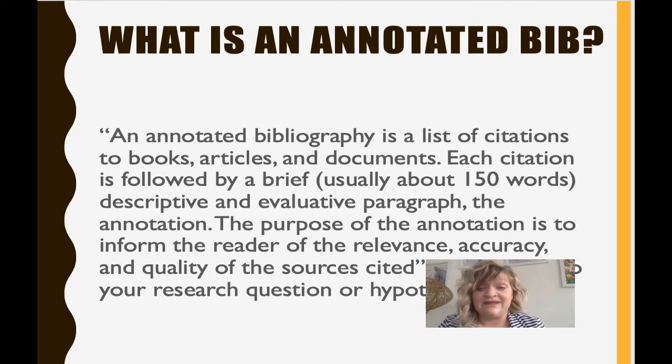The purpose of the annotation is to inform the reader of the relevance, accuracy, and quality of the sources cited. And that's often those that you cite in reference to your research question, topic, or hypothesis. Okay, so let's go back and unpack some of those terms.